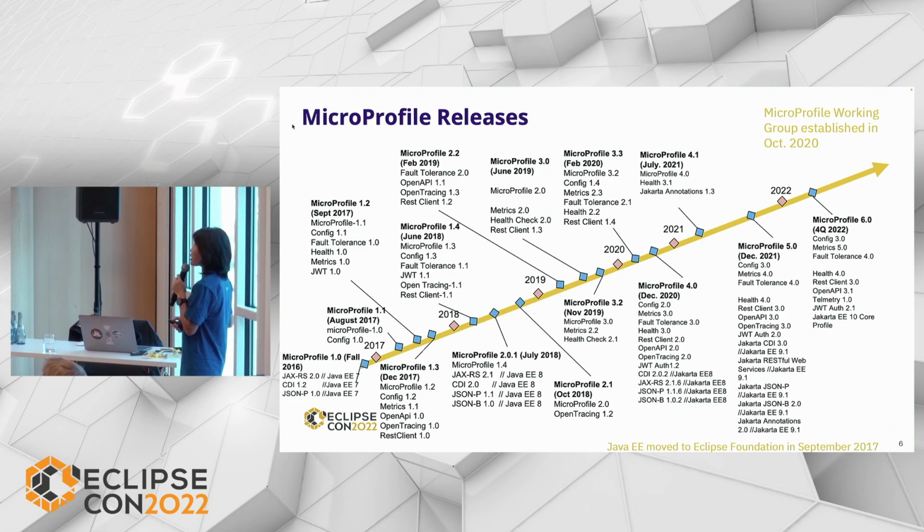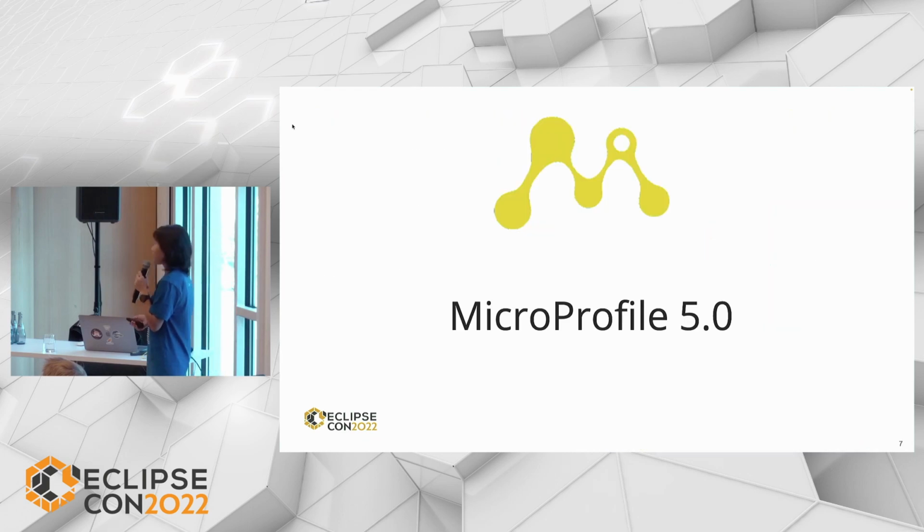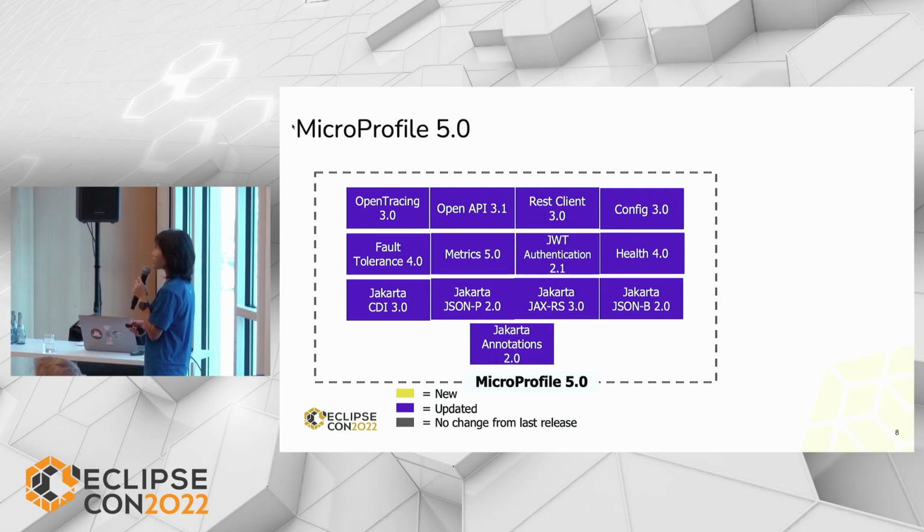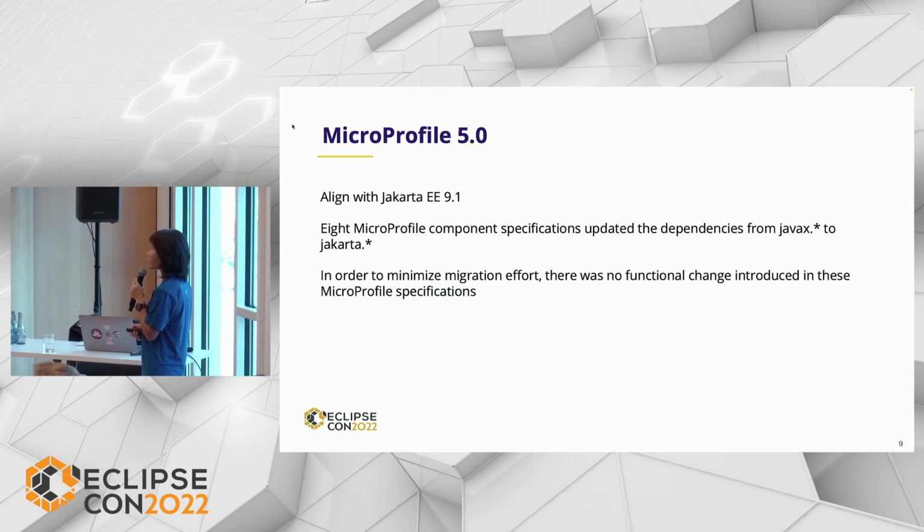As I mentioned, the current latest release is MicroProfile 5, and 6 is around the corner. So we'll just have a quick look at MicroProfile 5. In MicroProfile 5, all of these specs have been updated because it is trying to align with Jakarta EE 9. Jakarta EE 9 is pretty much the namespace change from javax to jakarta, and there is no functional change in MicroProfile.